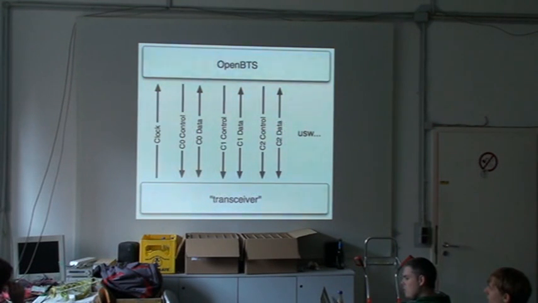And when I say raw data, what I actually mean is that every transfer on this UDP interface is one GSM radio burst. So on the transmit side, what you have on the data interfaces are UDP packets that contain channel bits that are supposed to be transmitted, a timestamp telling when it's supposed to be transmitted, and some information about at what power level it's supposed to be transmitted.